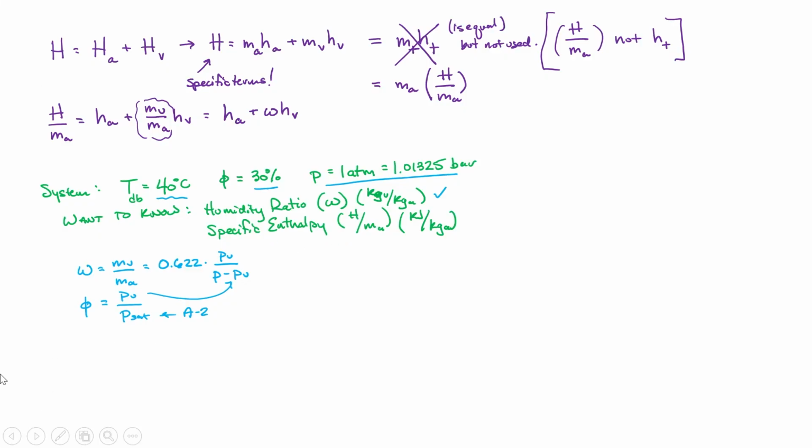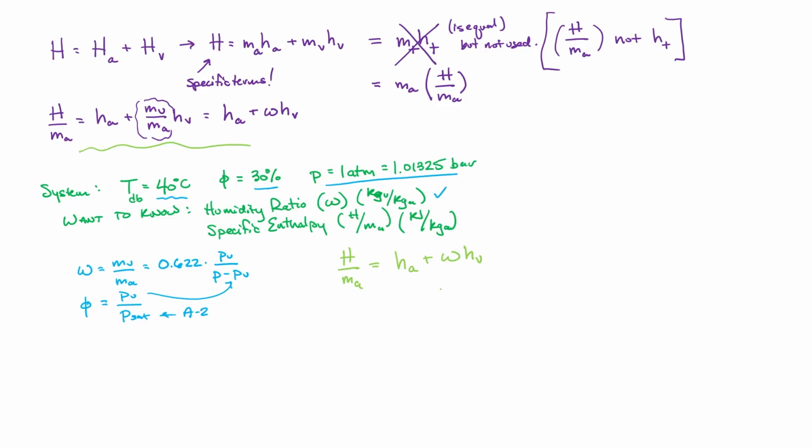I would like my specific enthalpy at this point. So in order to solve for that, I'm going to go to my equation right here. So I want H divided by mass air is going to be my H of my air plus my humidity ratio times my H of my vapor.